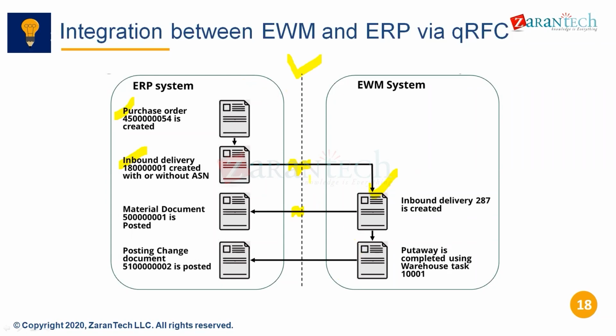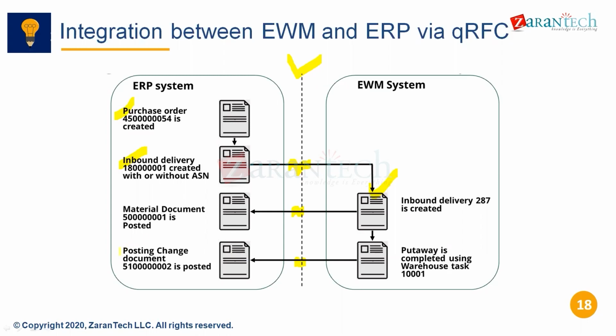Still, we have queues and messages from one system to another, and it behaves like a different system. Then when the put away is completed, put away means you first receive the pallet on the scanner, and then you take it to the final bin, and then another message goes to ERP that the delivery is completed.